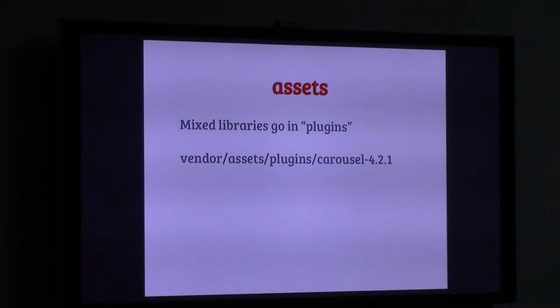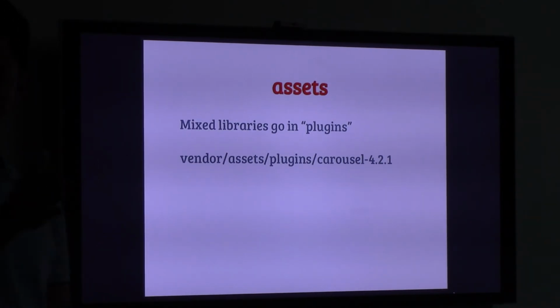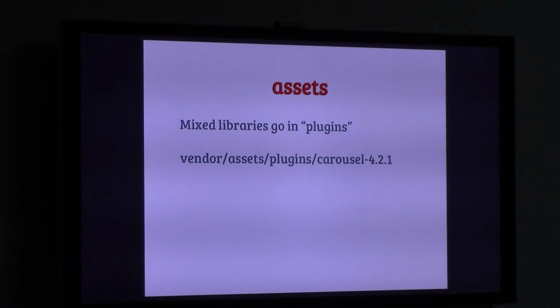Now, one thing I noticed is that some plugins you download are mixed, with images, JavaScript and CSS, and I get a little OCD, and I don't want to split them up, where I put the style sheets in style sheets and the JavaScript in the JavaScript folder. I just make a plugins folder, and that's where it goes, like carousel and then the version number.